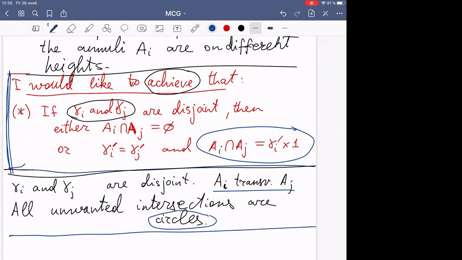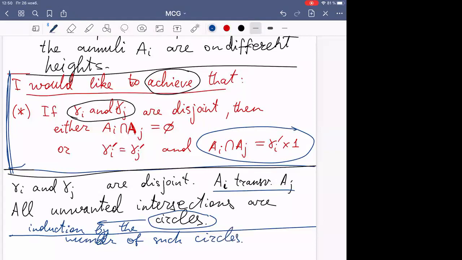In particular, all these unwanted intersections are also circles. And we would like to have induction by the number of such circles.